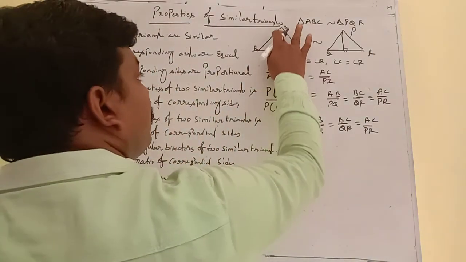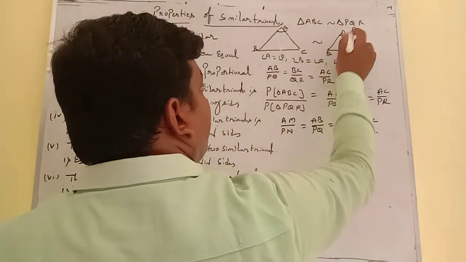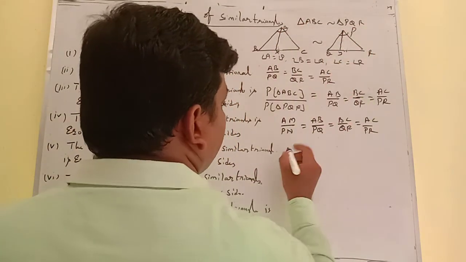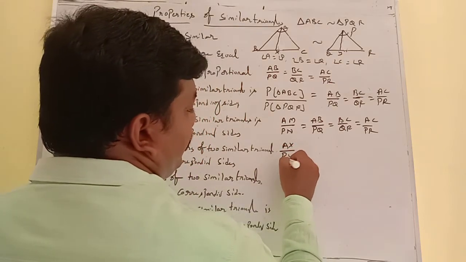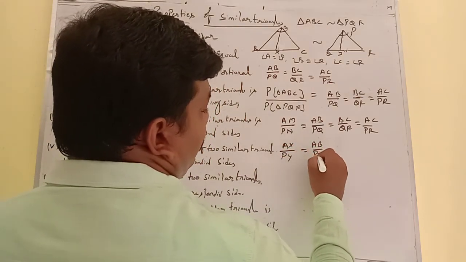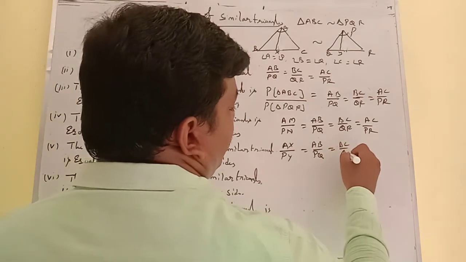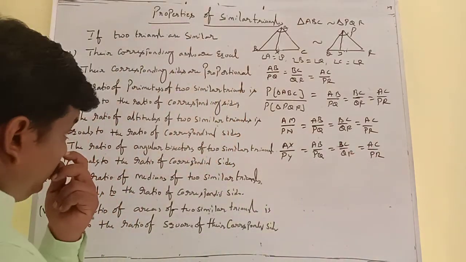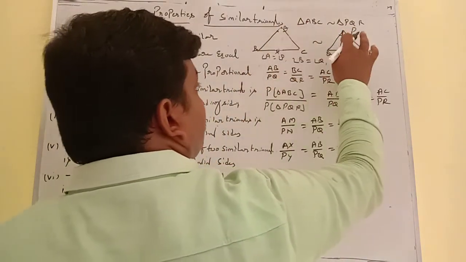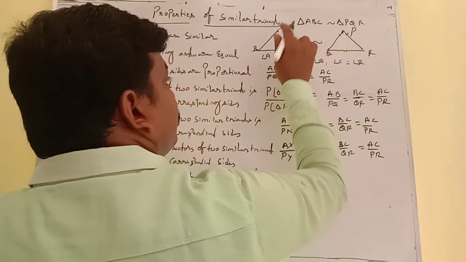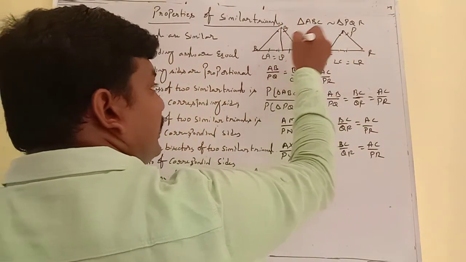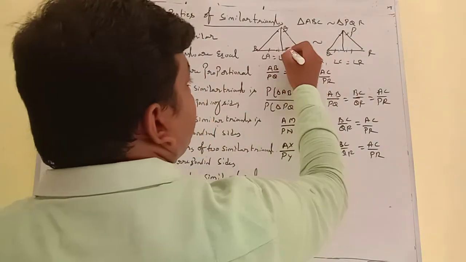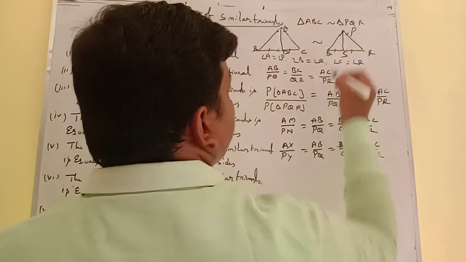Now if you take angular bisectors AX and PY, then AX by PY is equal to AB by PQ, that is equal to BC by QR, that is equal to AC by PR. So now you can consider the medians' ratio. A median divides the opposite side into two equal parts. Now this is AD and PS.